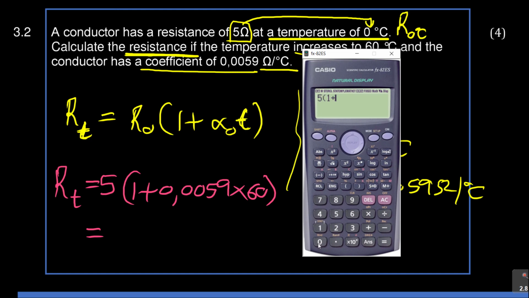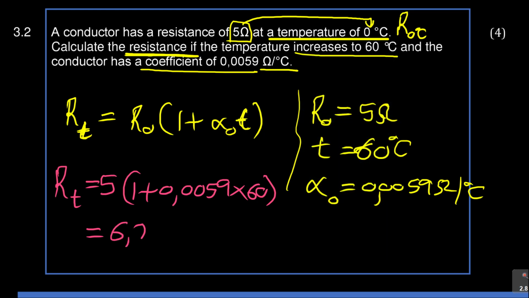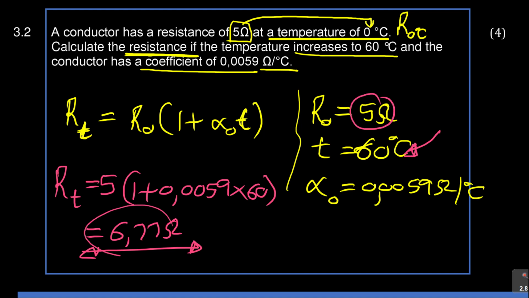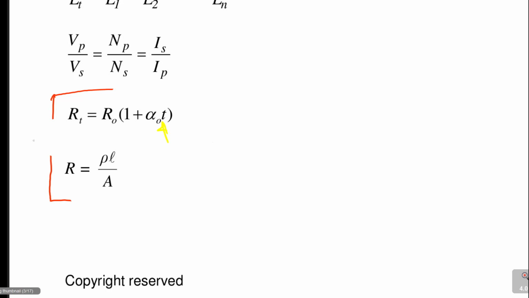So it's 1 plus 0,1259 times 60. Then you have to get 6,77. So you've got 6,77 ohms. It makes sense if you remember the properties of resistance. As the temperature increases from 0 to 60, the resistance also increased from 5 ohms to 6,77 ohms. Next question.